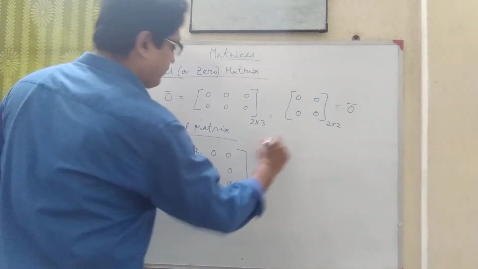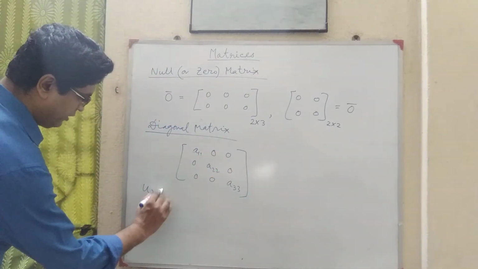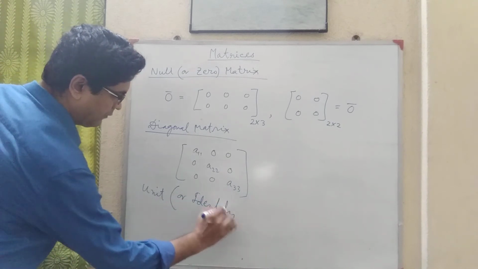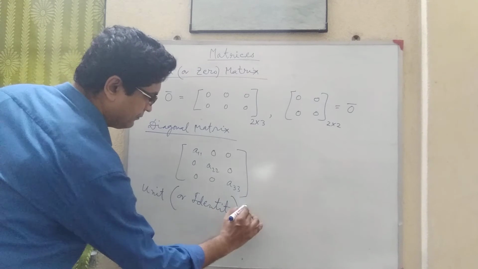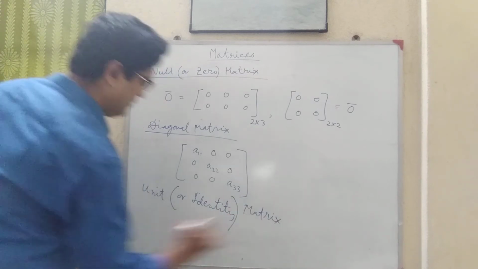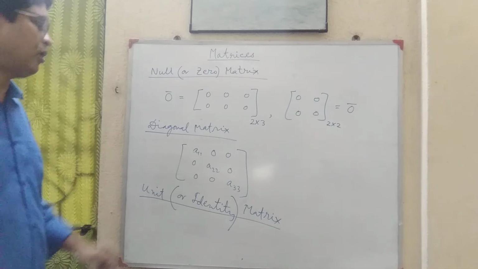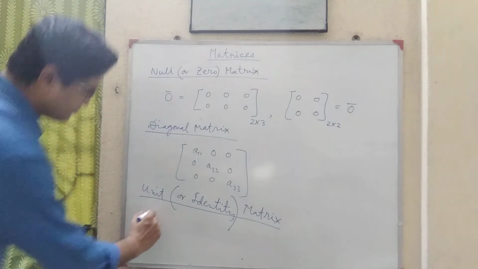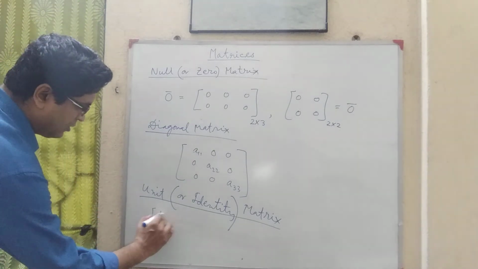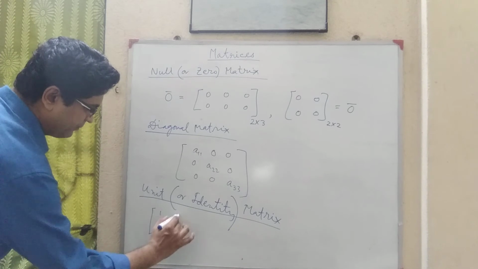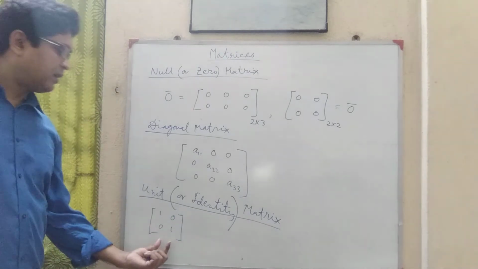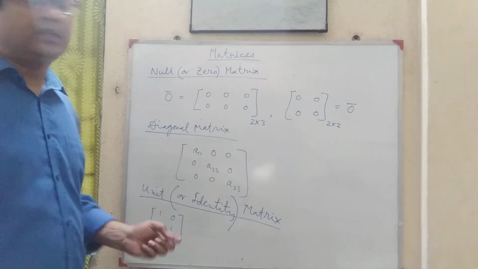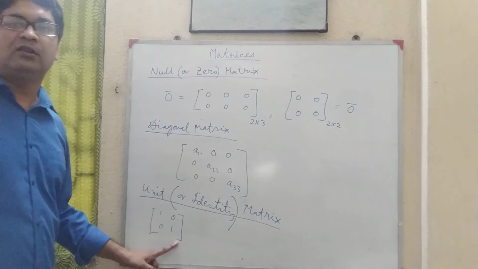Next, unit or identity matrix. This is a very important matrix. Suppose 1 0 0 1, a square diagonal matrix is called a unit or identity matrix if all its diagonal elements are 1.